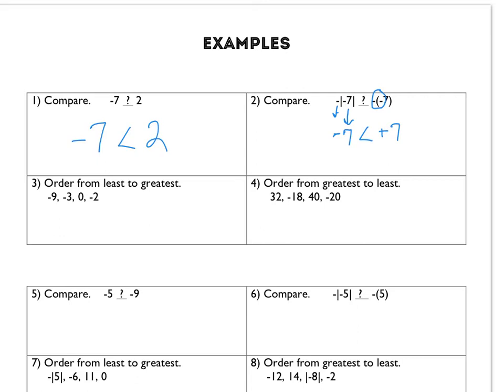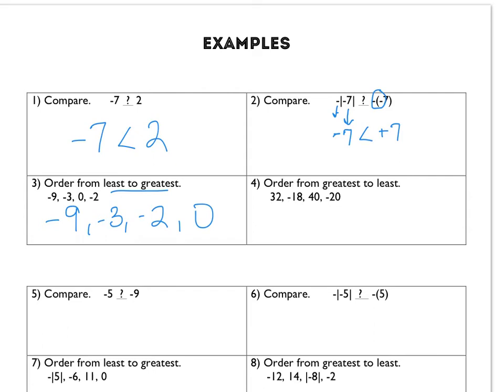Number 3, we're ordering from least to greatest. So least is going to be the highest number in the negative direction, which is going to be your -9. So it would be -9, -3, -2, and 0 because we were going from least to greatest.